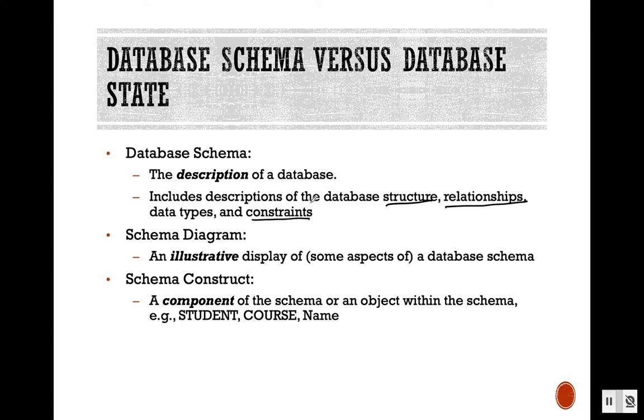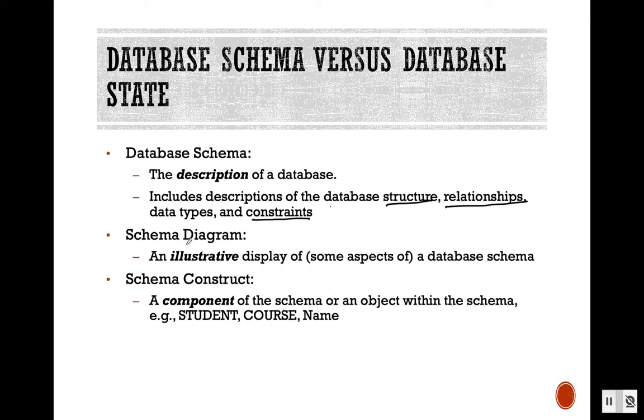As we said earlier, a data model includes the database structure, their operations, and the constraints on the database. The schema gives us a clear description including all the information about the structure, the relationships between entities, data types, and constraints.